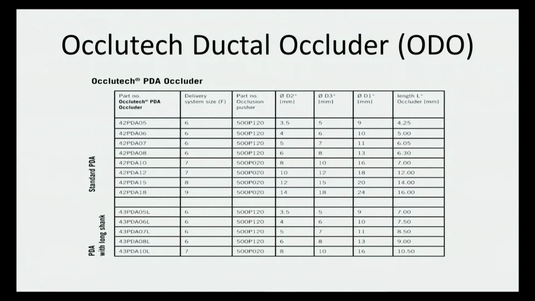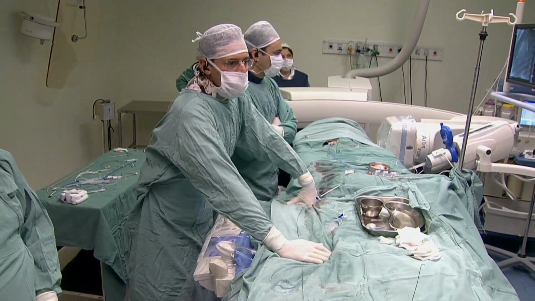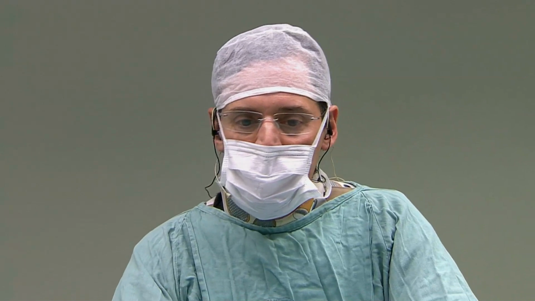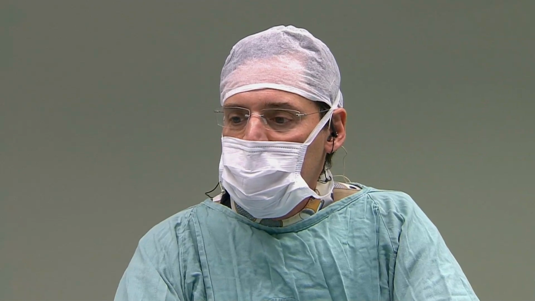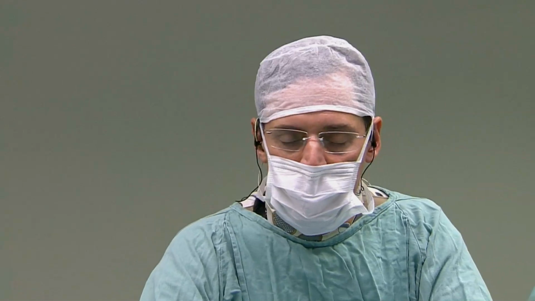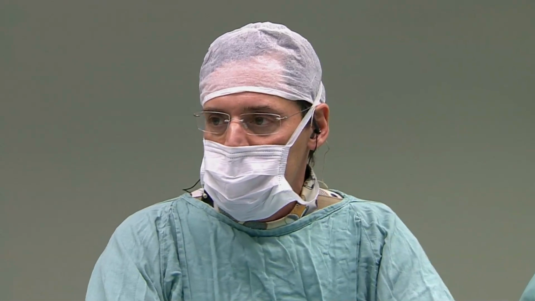I've talked to Mazini Aoi over the net, and I think they are about to publish their first experience with this device on 45 patients. And you should pick up a device that is 2 millimeters larger than the aortic end, than the minimal diameter of the ductus. Yes?